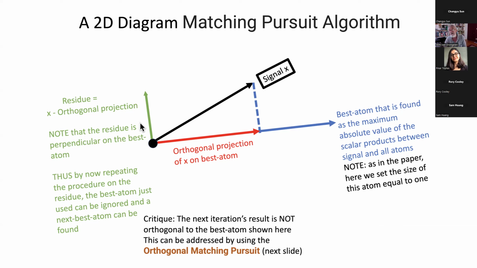But if you now start to repeat this thing with another best atom, then of course that will not necessarily be orthogonal to the original one that is here. So that means that the different projections and the different components may not be independent. There is a version of that, and you can find that on that same website, and that's called orthogonal matching pursuit.